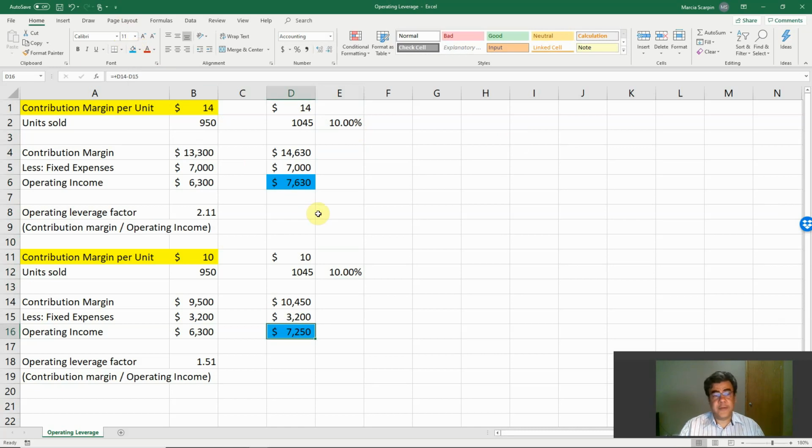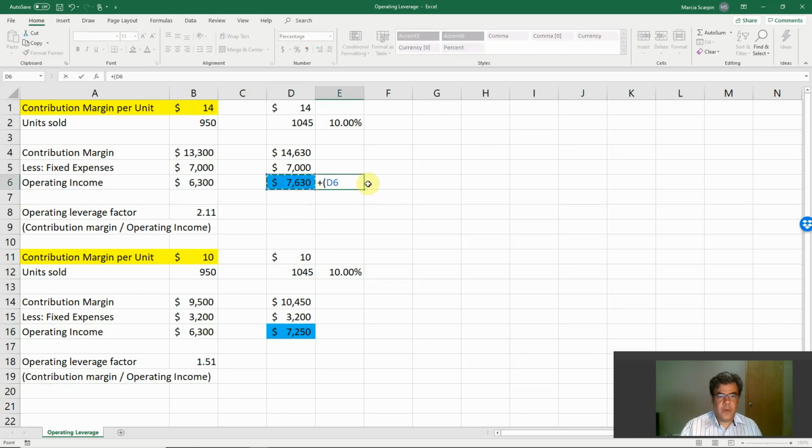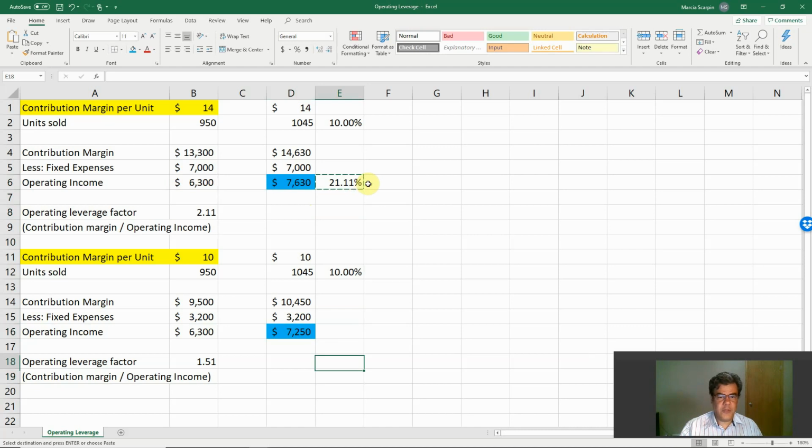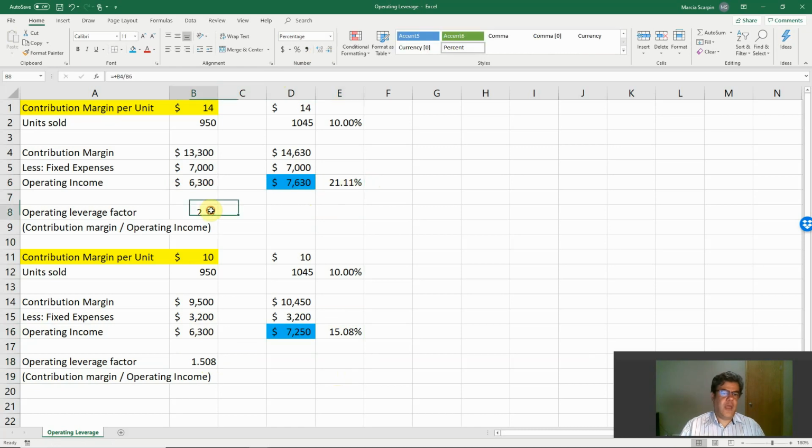How much is the change here? New number less old number divided by old number. 21.11%. Company number two, 15.08%. Wow, they look similar here.